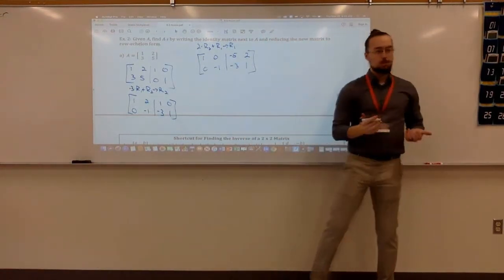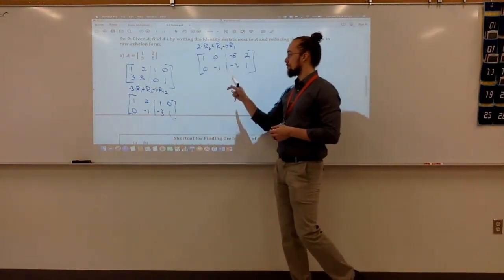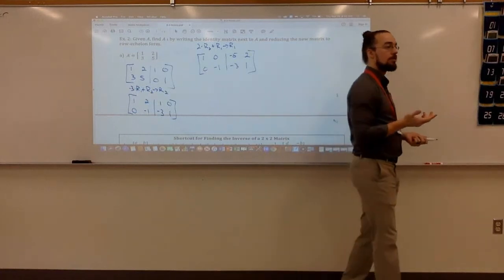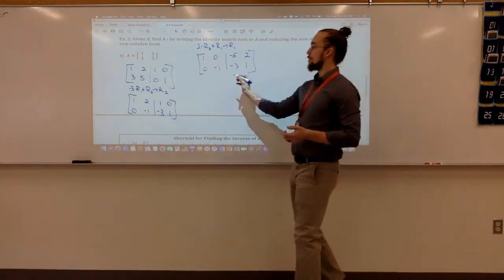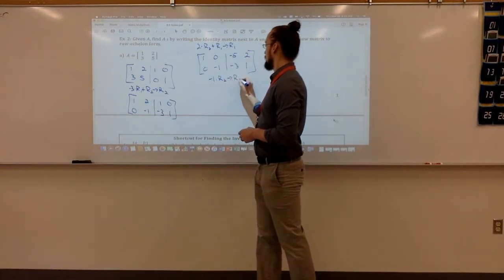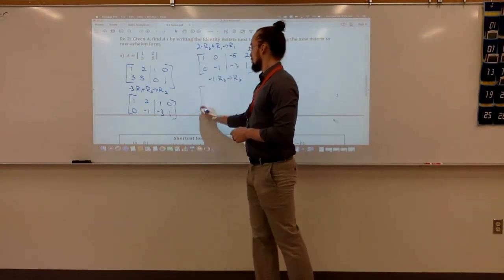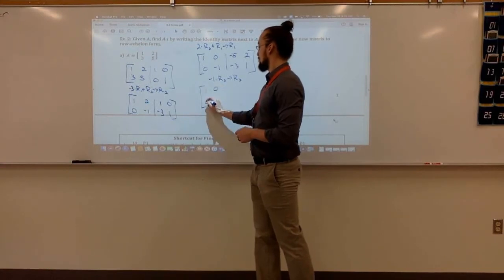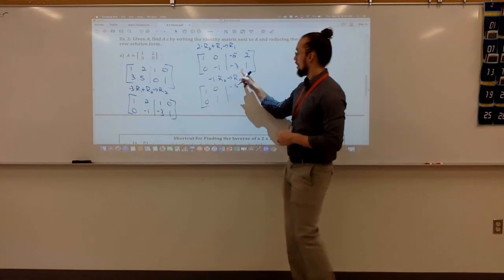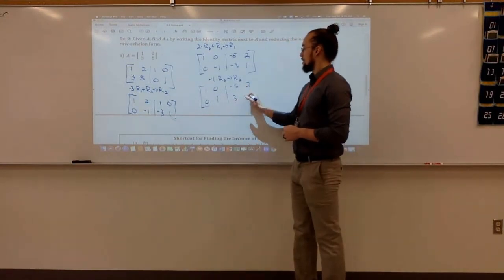Well, the only thing left to do to get positive 1s in the diagonal here would be to multiply this row by -1. So I'm going to do -1 times row 2, put that in place of row 2. So now we end up with 1, 0, 0, 1 here. -5 and 2, and then +3 and -1.